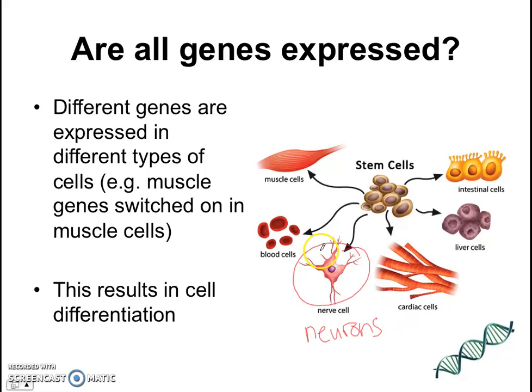Those genes are turned on so that those are expressed and the cell ends up becoming a nerve cell. So it is this different, or what we call differential gene expression, that results in cells differentiating and becoming different for different functions.